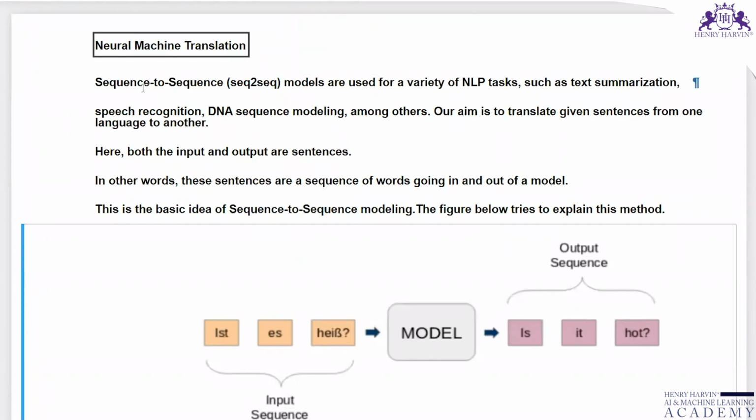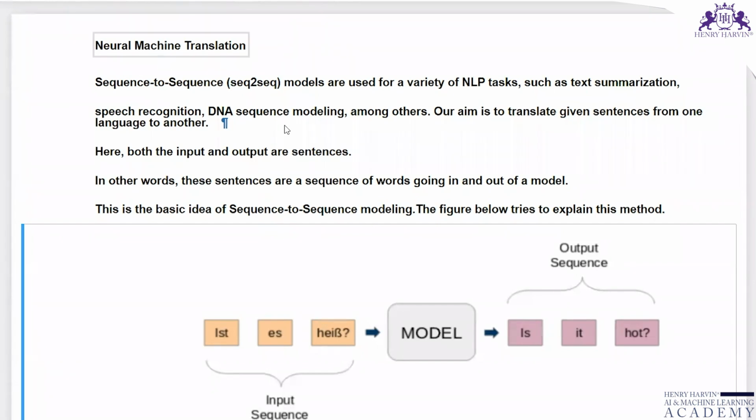These sequence to sequence models are used on a variety of NLP tasks like text summarization, speech recognition, DNA sequence modeling, and there are many more applications. Here, we are trying to translate some sentences from one language to another language.